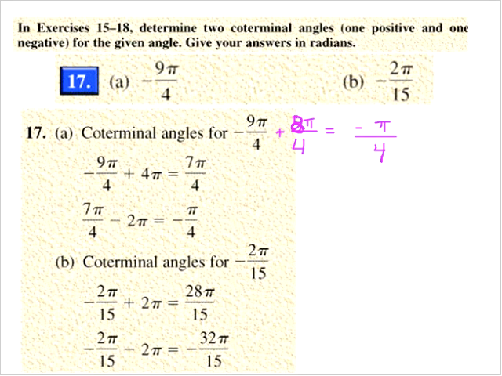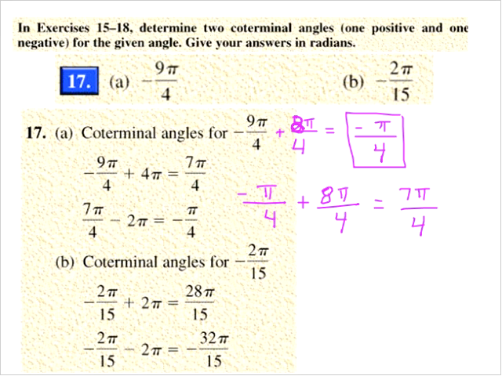So that could be one coterminal angle. Well, since it's negative, let's add another 2 pi to that, which is 8 pi over 4. When I do that, I get 7 pi over 4. So those are 2 coterminal angles.